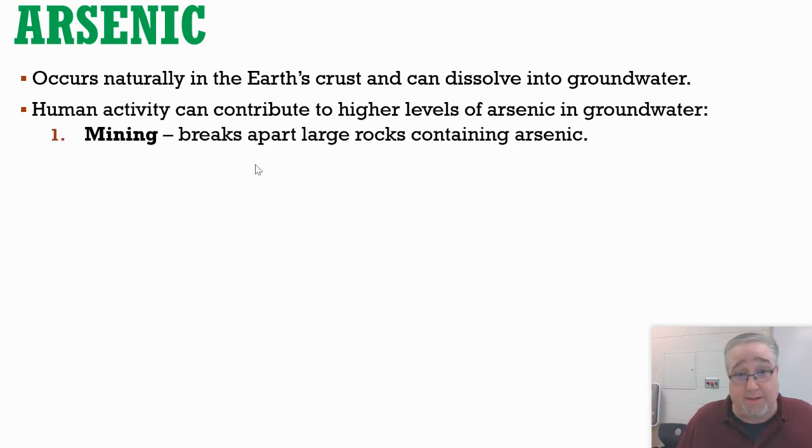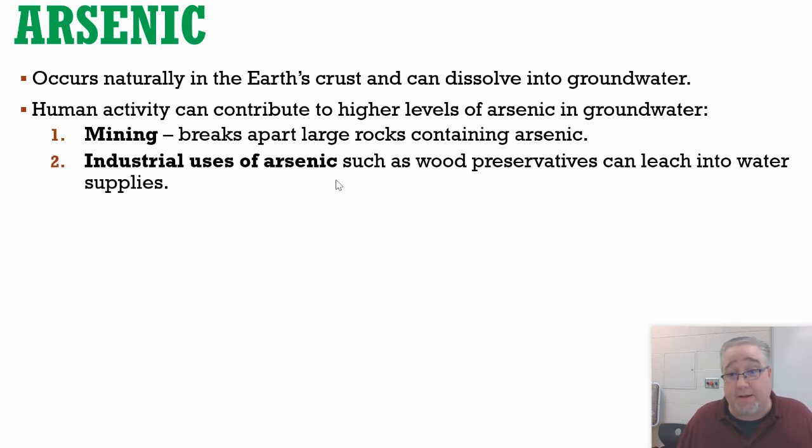Now, one of those ways is through mining. When we mine for things, we dig through the Earth's crust, we disrupt it, and that could put arsenic into groundwater supplies or maybe even surface water supplies. And there's also industrial uses of arsenic. Things like wood preservatives. A lot of wood preservatives actually have arsenic in them.